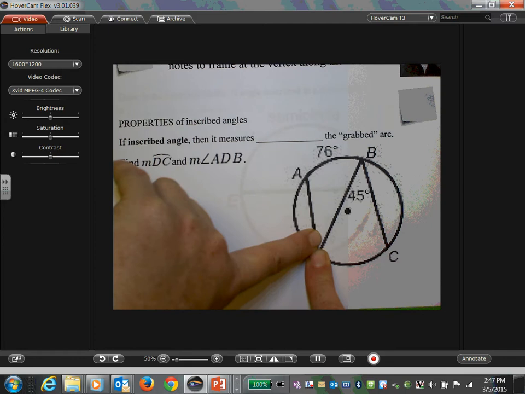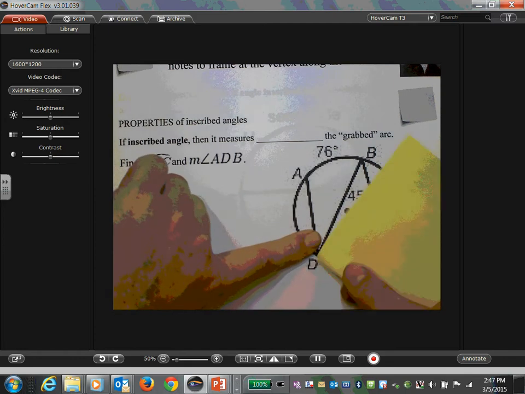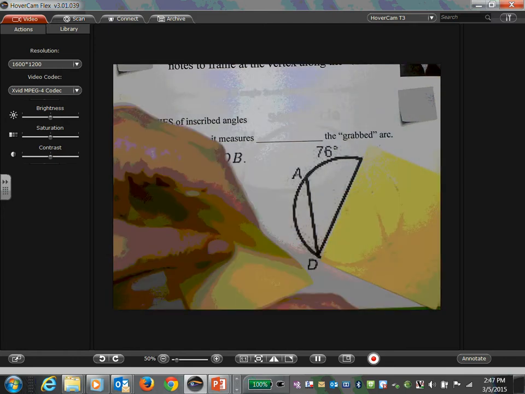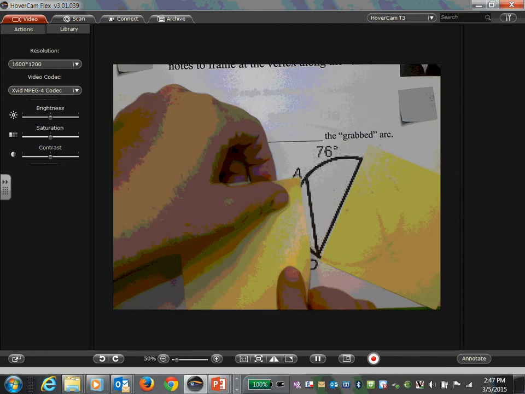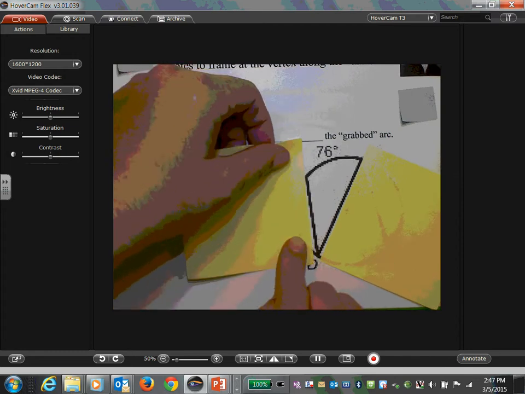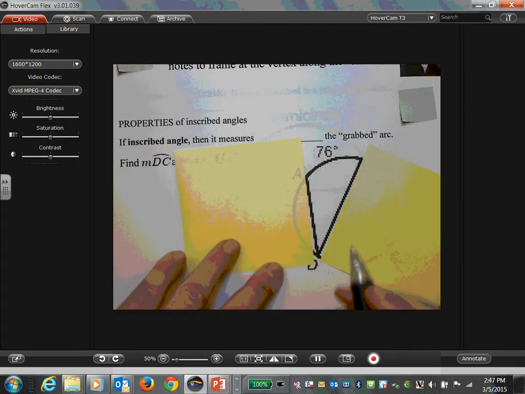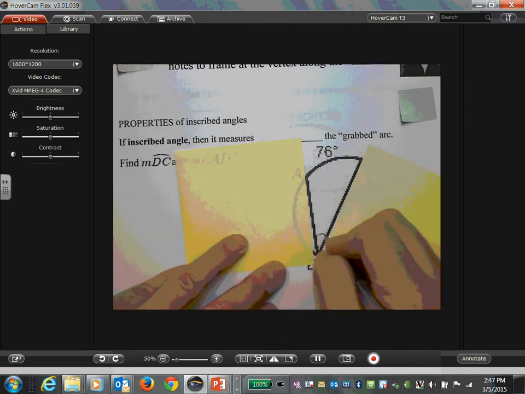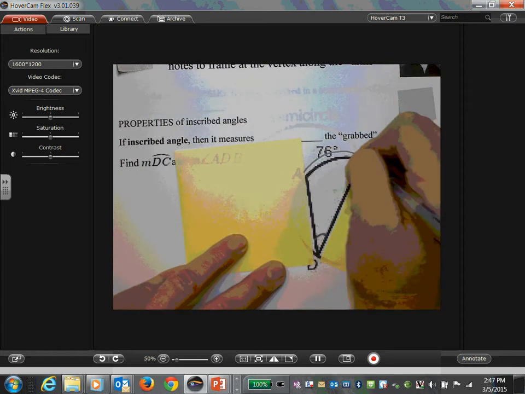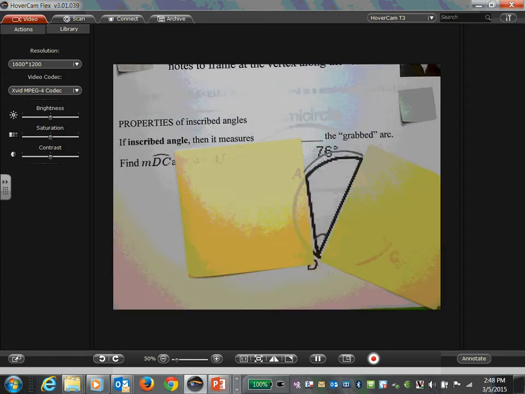You take your post-its and you frame it around the angle D. That's called framing. When you frame, you always want to sweep the angle and then sweep the arc that the post-its are grabbing.